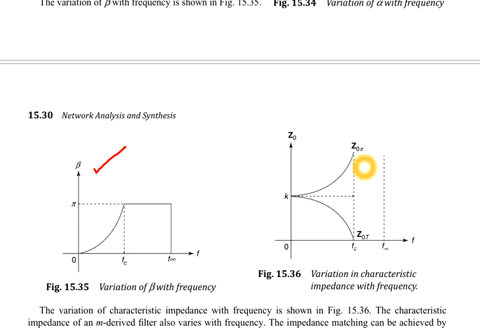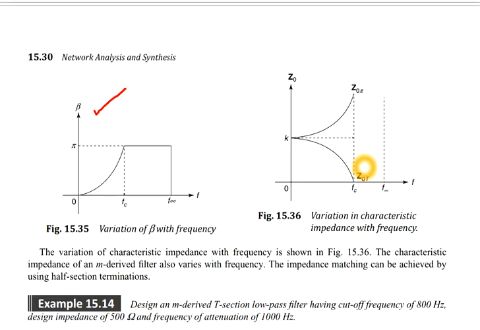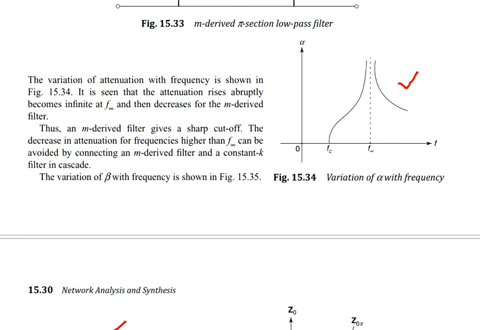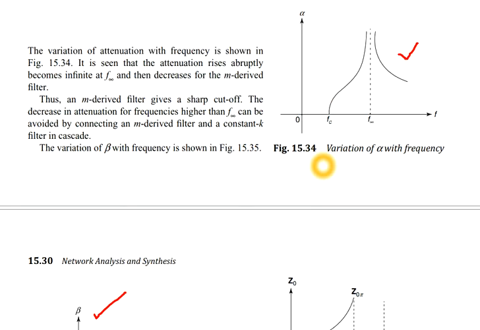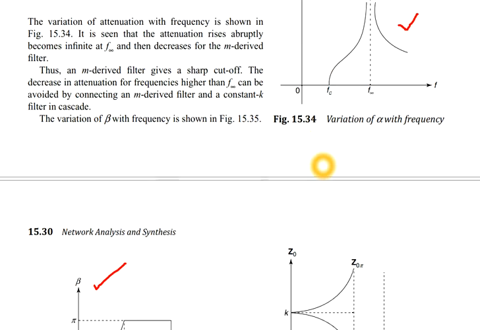You can observe that the characteristic impedances are varying, they are not fixed. So even though we are not able to achieve the desired characteristic impedance using the m-derived filter, we are able to achieve the condition of sharp attenuation. This is all about the m-derived low pass filter.